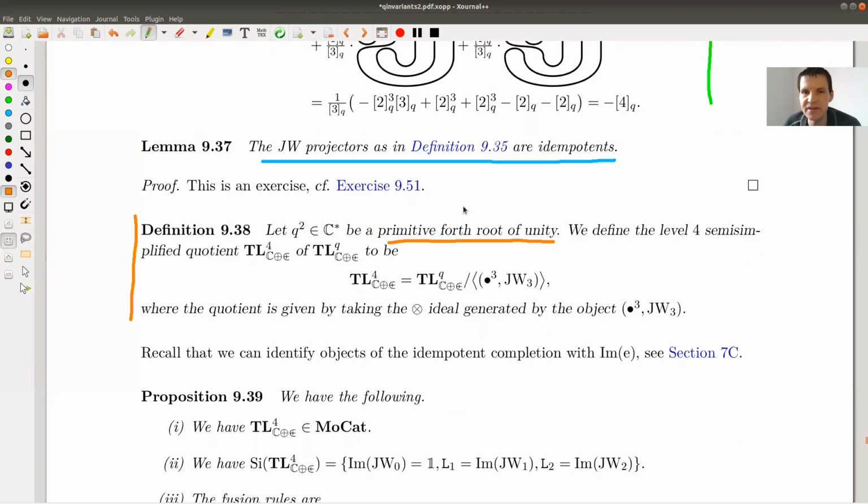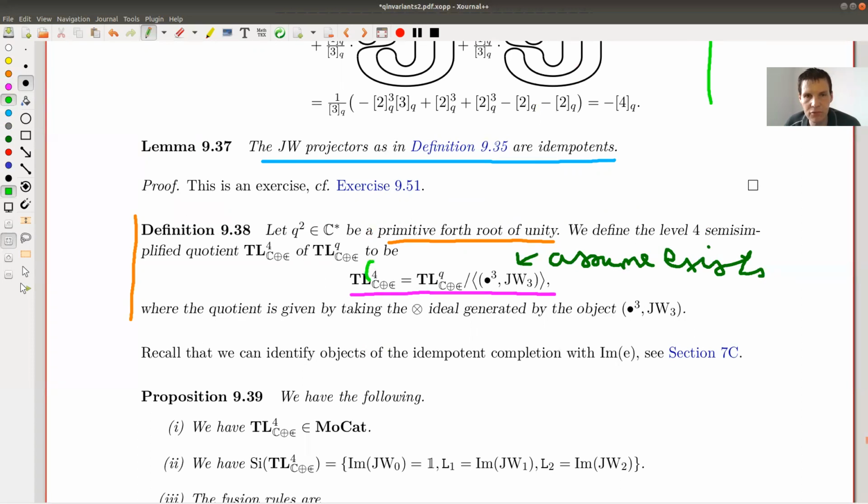So what you do is, there is this idempotent. Let's assume existence for now. I will construct it next time, and you just quotient out by this idempotent, and you get a new category.